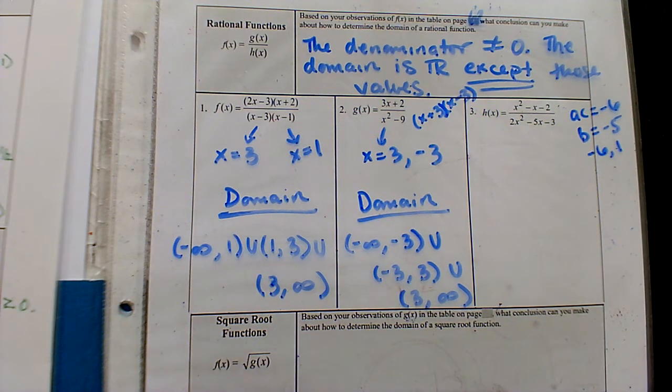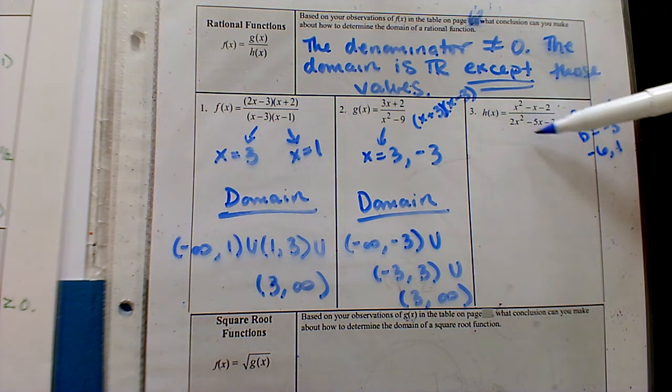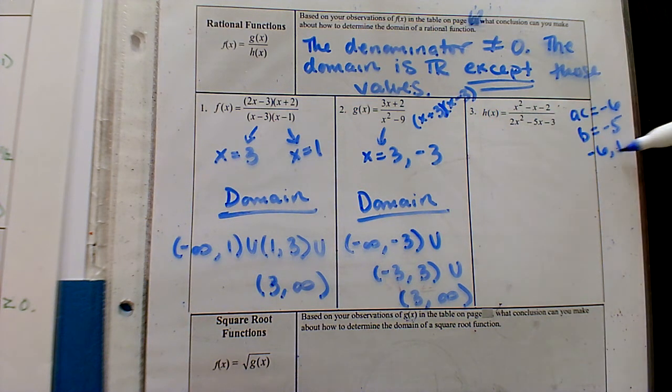Okay, now depending on which technique you prefer to use, you can either do grouping, where you rewrite that -5x with those 2 terms, or you can do the divide and slide that we did earlier this year. Do we have a preference? We can do both. Divide and slide?